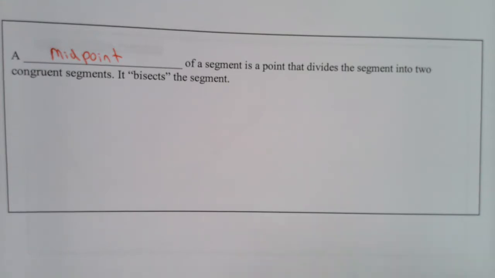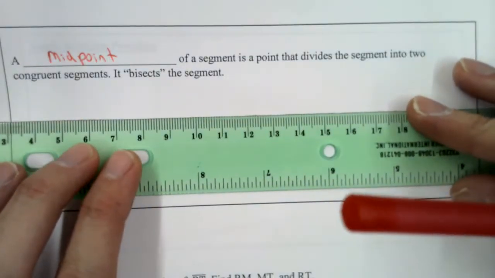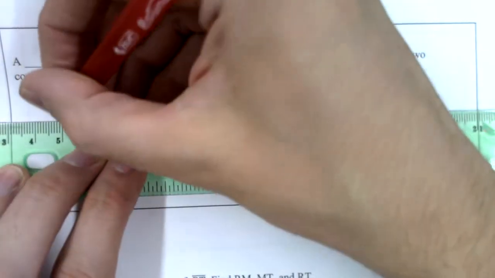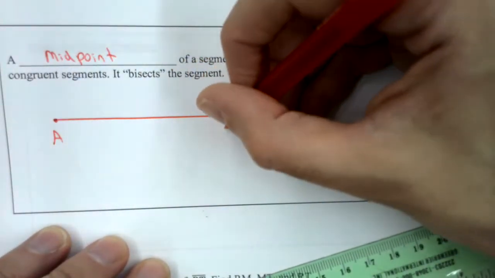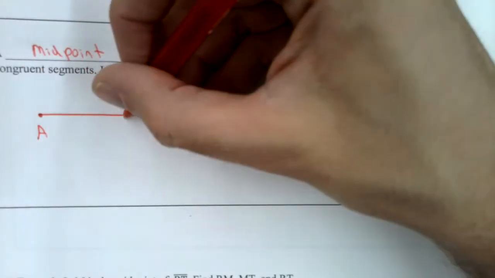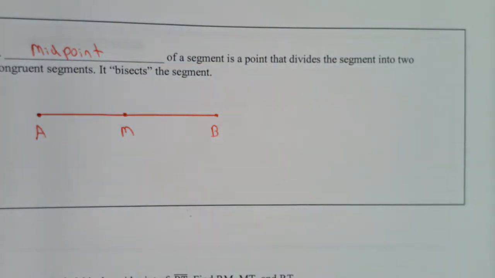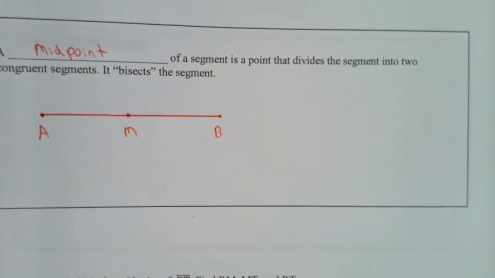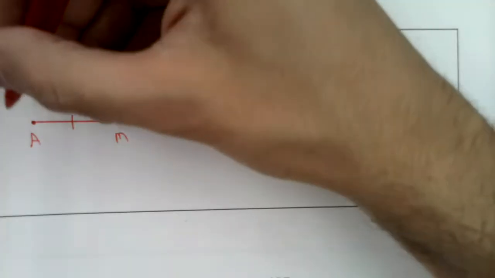So for example, let me draw a segment. I'll label the segment AB. And I'm going to label the midpoint. This will be the midpoint M, because this M is halfway in between A and B. It cuts it up into 2 congruent segments. It's halfway in the middle.